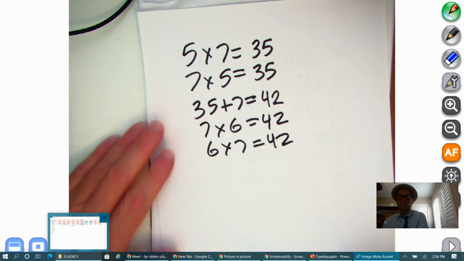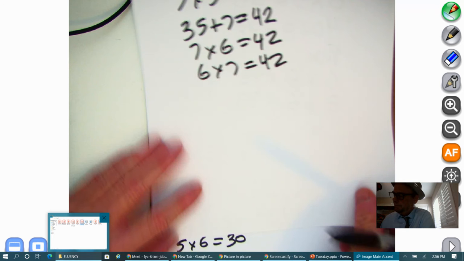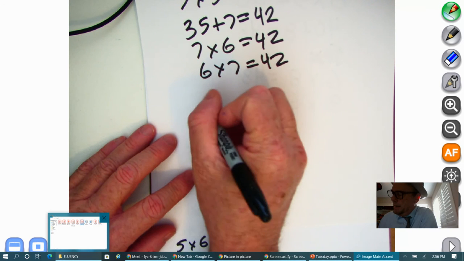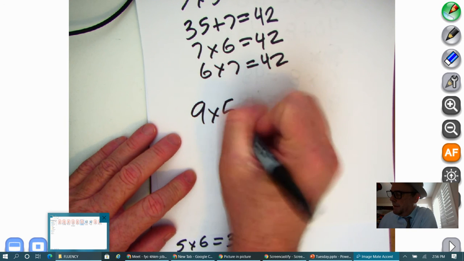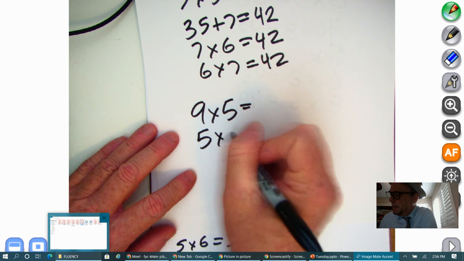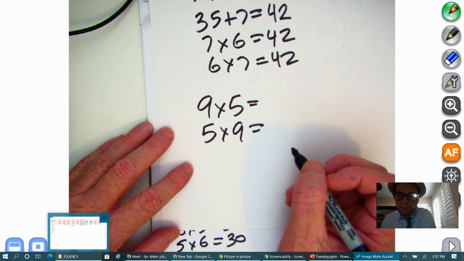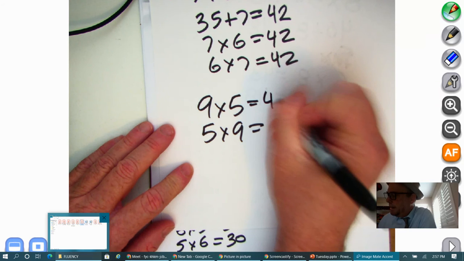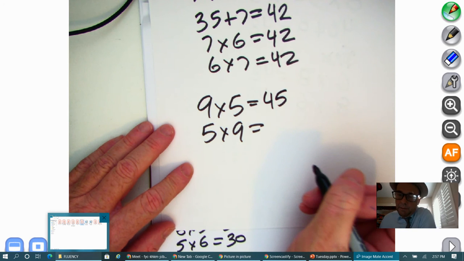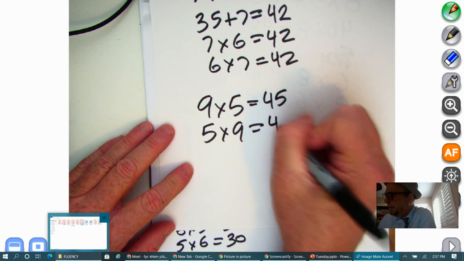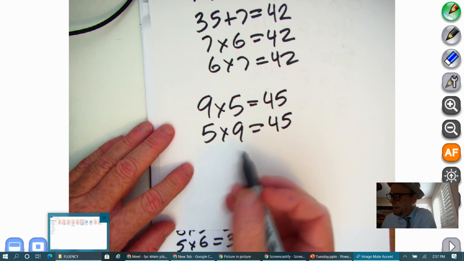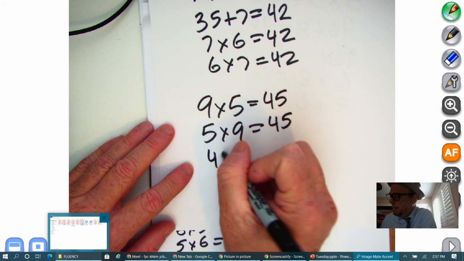And we'll try one more while we're at it. Let's think about 9 times 5, or 5 times 9. Count by fives here: 5, 10, 15, 20, 25, 30, 35, 40, 45. I count by nines here: 9, 18, 27, 36, 45, and there we have it. But what if we were to add another 9 onto this? We would say 45 plus 9.